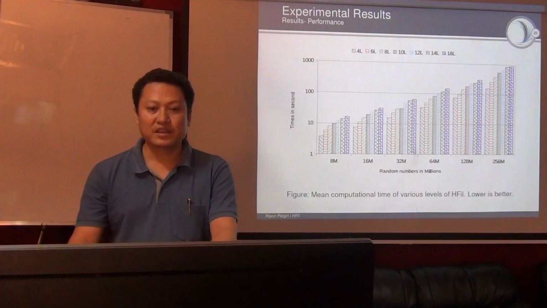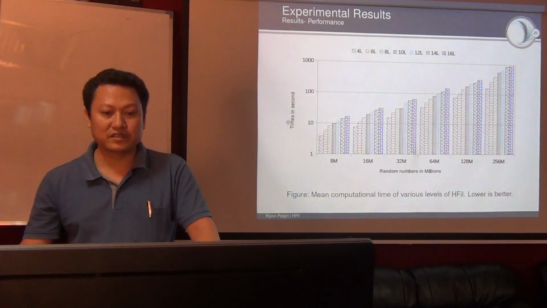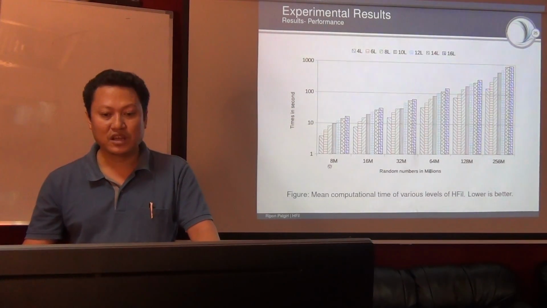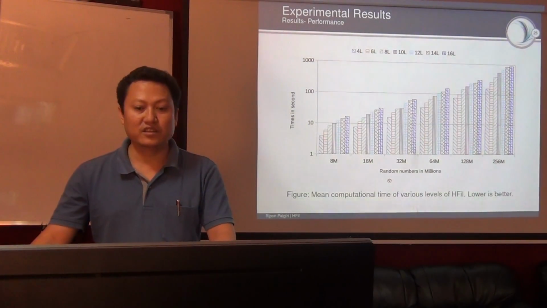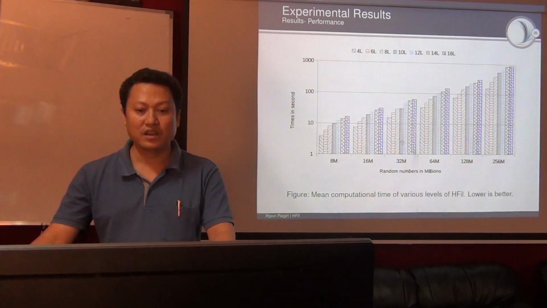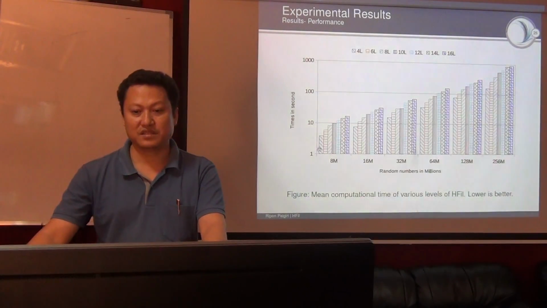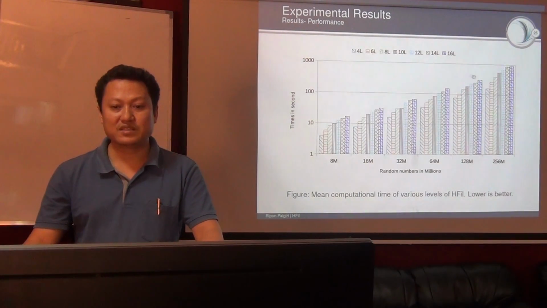So here is the performance measurement. The x-axis represents random numbers in millions, 8 million, 16 million up to 256 million, and the y-axis represents time in seconds. Lower is better, because the performance of 4L is the highest, and the slowest one is 16L.